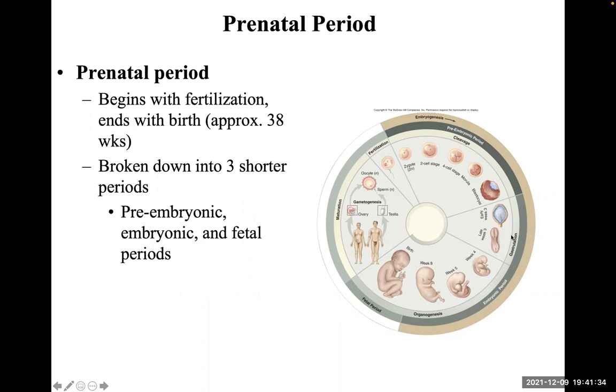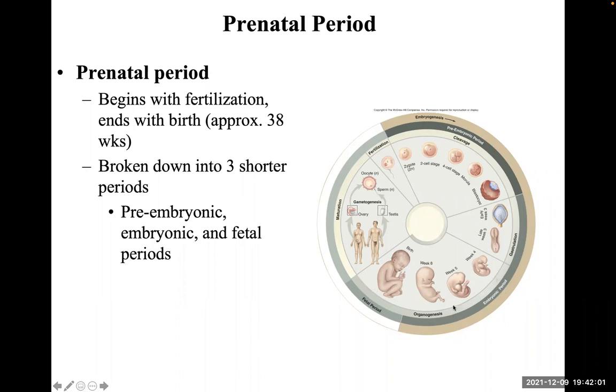Then we have gastrulation, which takes place during just 1 week. What characterizes gastrulation is the differentiation and therefore the development of the primitive tissues that are going to become all the tissues of your body. After gastrulation, still a part of the prenatal period, we have the embryonic period and then the fetal period.